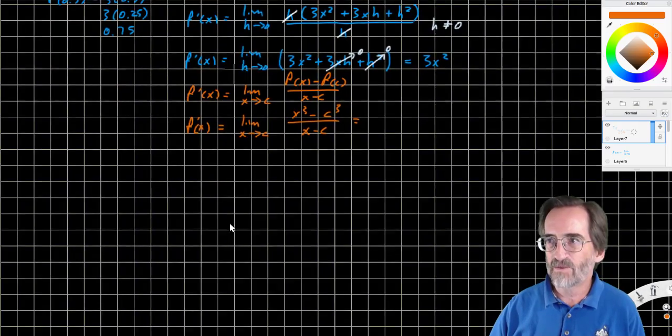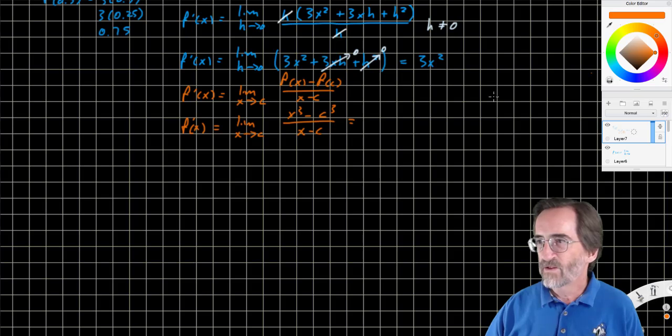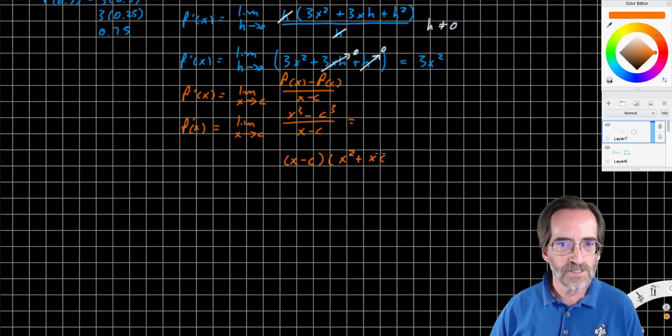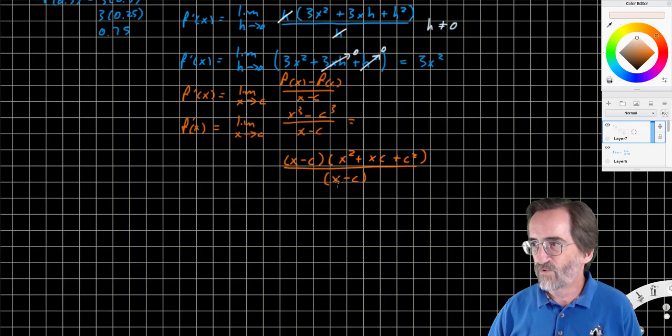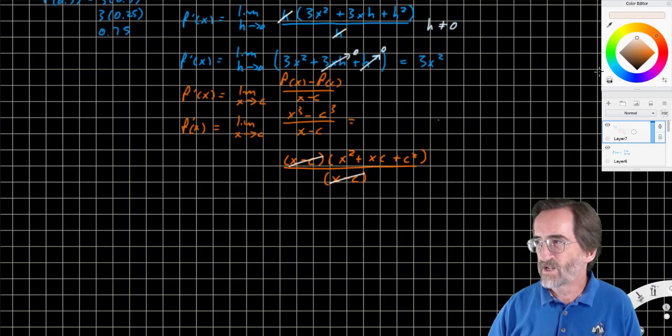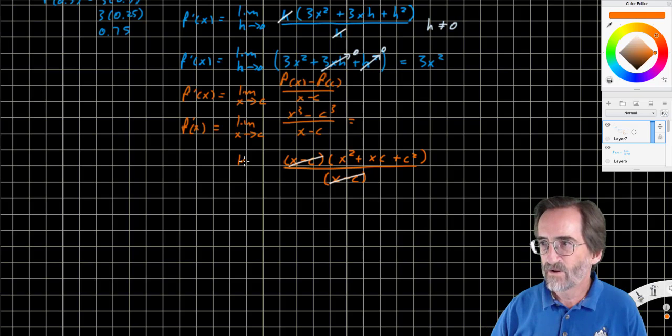This factors to x minus c times x squared plus xc plus c squared, all over x minus c. And so the x minus c's do cancel, which is very important here. And we're taking the limit as x approaches c. That's the definition of f prime of x.